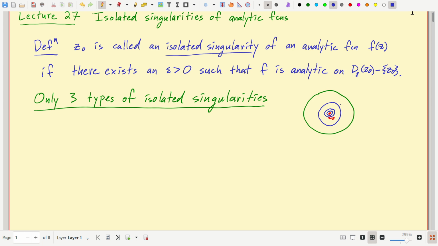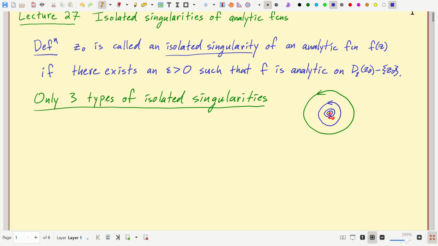So this green one is the outer one, and the blue ones are the inner. Anyway, you can make that shrink down to z0. And of course, they all have the same Laurent expansion. The coefficients are given by integrals, which are all the same. Integral around some circular thing inside there. And so that Laurent expansion is valid on the whole punctured disk.